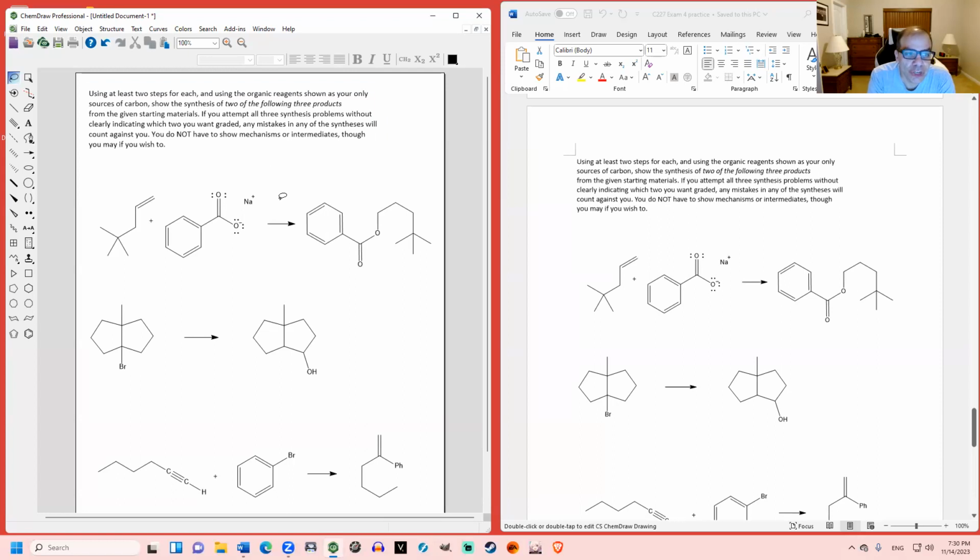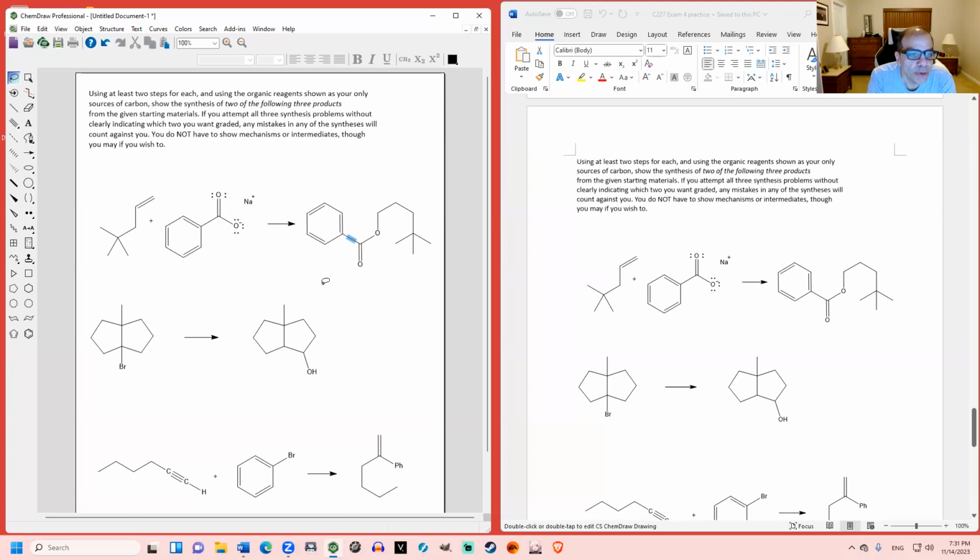So what you need to show is a way of turning these two molecules into this molecule using at least two steps. And I have a step-by-step method for this in your Chapter 9 class notes, which I'll allude to here.